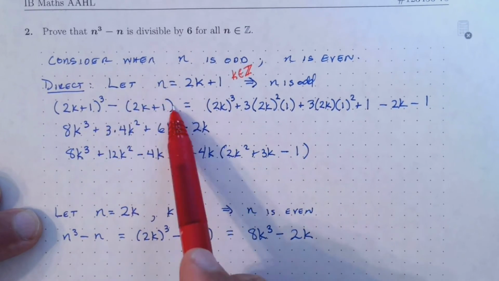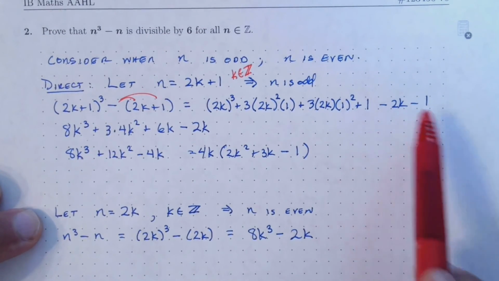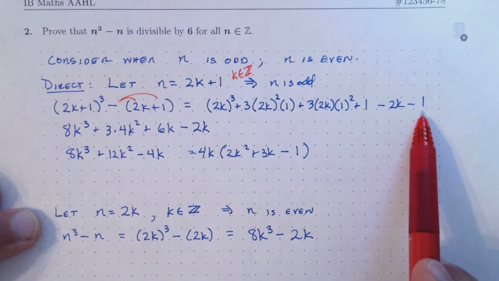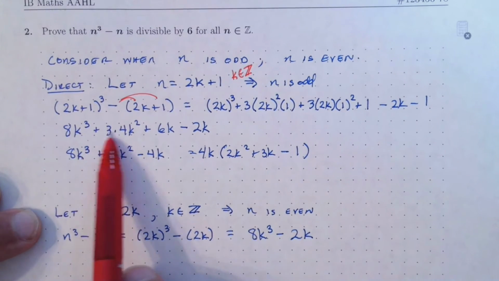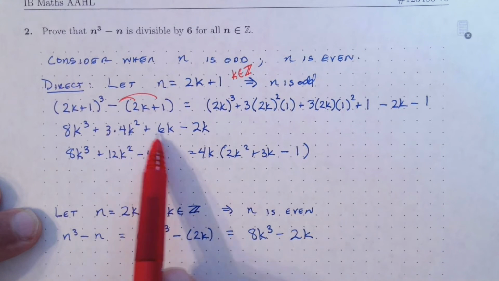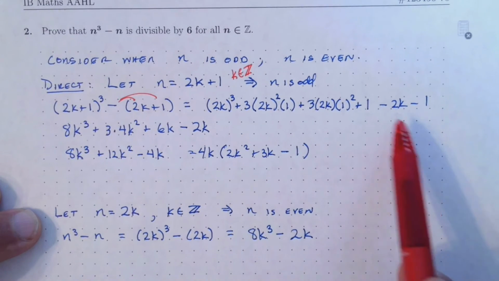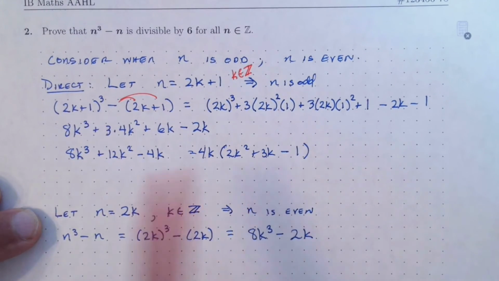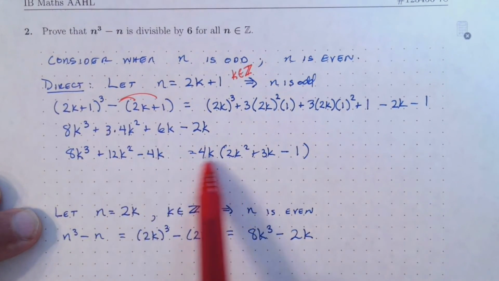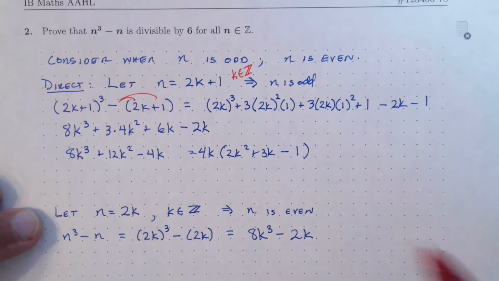And then minus 2k plus 1 gives me this negative 2k minus 1. So if I put things together, I have 8k cubed plus 3 times 4k squared plus 6k, and then minus 2k because the plus 1 minus 1 cancel, right? Which then gives me a form that's factored, but nowhere is this getting me divisible by 6.